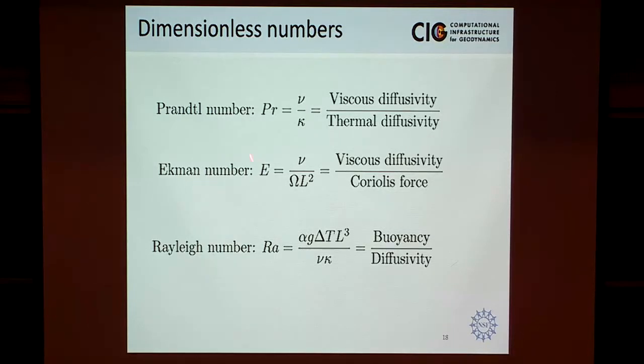Still, it's very, very far. The actual Earth parameter is far away. And the Prandtl number would be something like 0.1 for the Earth. But many people run a model with Prandtl number 1.